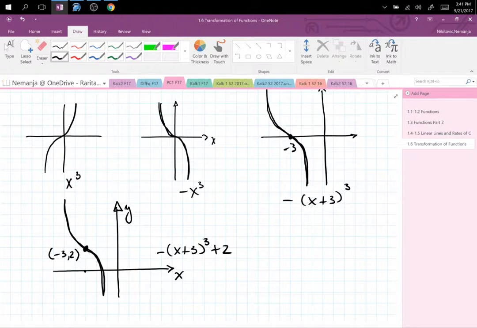You say, why is the plus shifting up and minus shifting down, and now all of a sudden the plus is shifting to the left, and you want it to go to the right? Well, the one that is backwards is actually up and down.